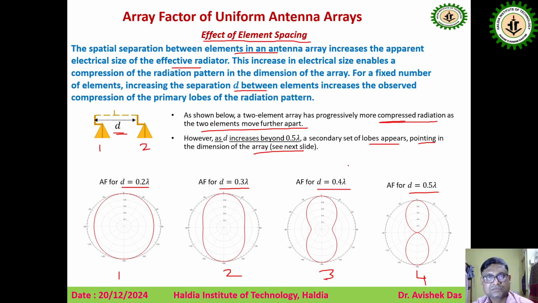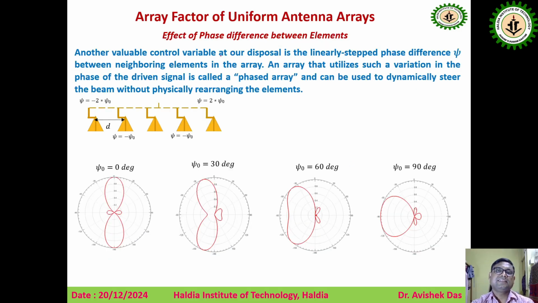In the next slide, we discuss the array factor of a uniform antenna array, and here we discuss the effect of phase difference between the elements. Here also we consider a linear antenna array. This one is antenna 1, this one is antenna 2, this one is antenna 3, 4, 5.